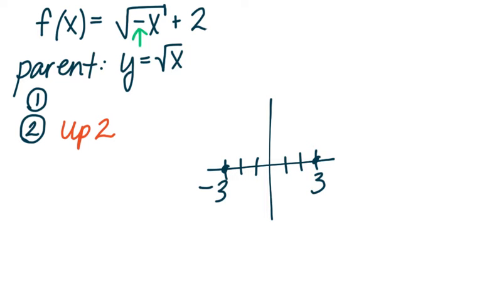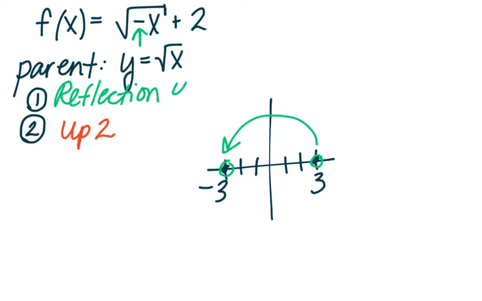So essentially we just jumped across the y-axis, changing from a positive 3 to a negative 3 for the x values. So that negative, since it's inside the parent function, is a reflection over the y-axis. I'm going to write reflect over y-axis.